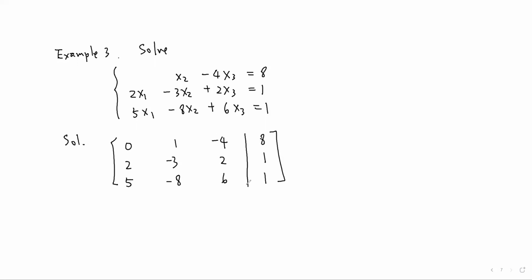This matrix contains all the information about the linear system. Each row is an equation. Again, let me switch the first 2 rows. 2, -3, 2, 1, 0, 1, -4, 8, 5, -8, 6, 1.